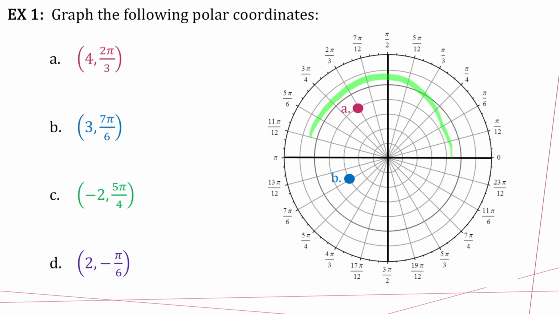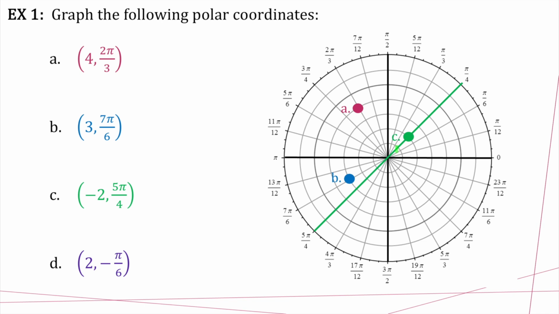All the way around 5 pi over 4. But what's interesting on this one is our distance is negative. So if I extend the line going all the way across the circle, the negative distance goes to the other side of that line. So we've got 1, 2. There's C.